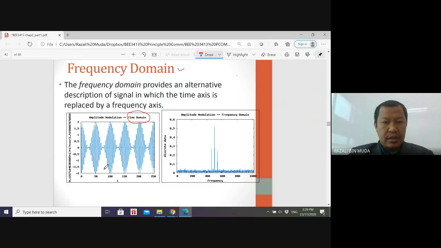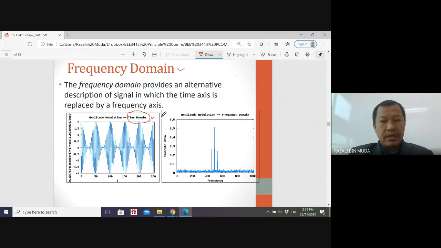This is the type of signal we can have when we are using an oscilloscope. The oscilloscope gives us the signal in the time domain.